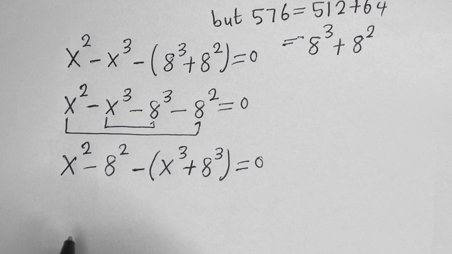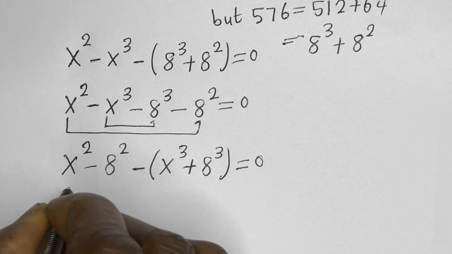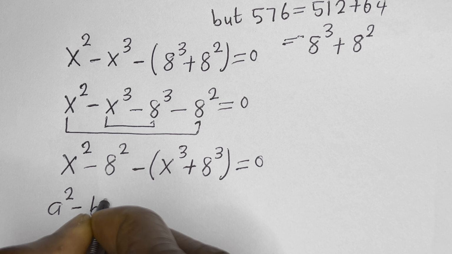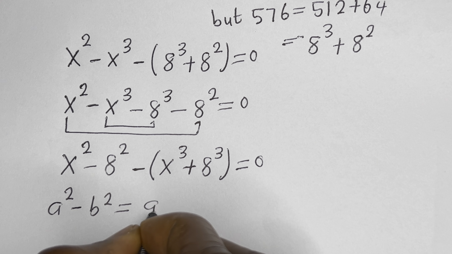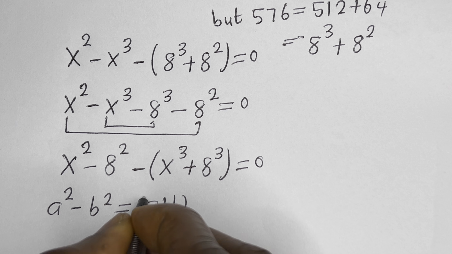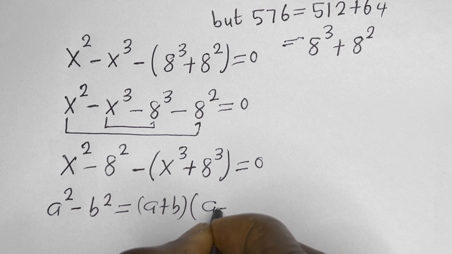Take note of this, that if you have a square minus b square, this is equal to a plus b bracket a minus b.